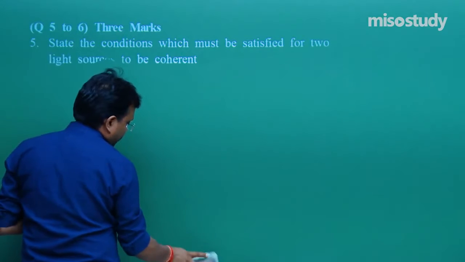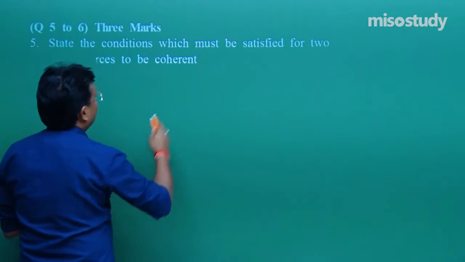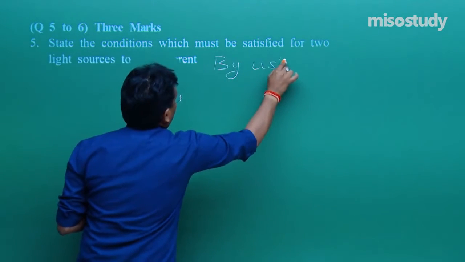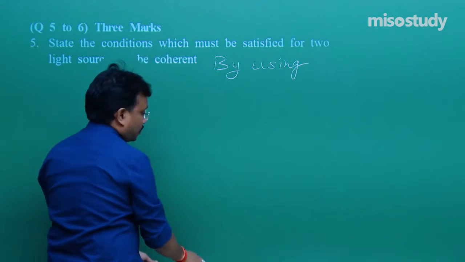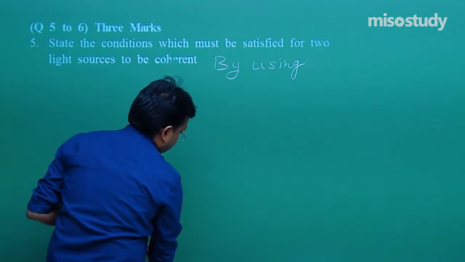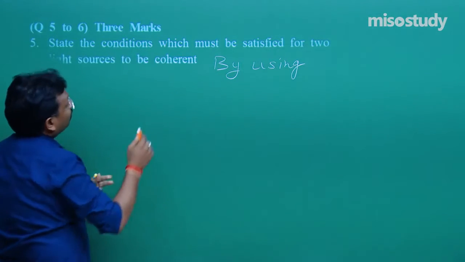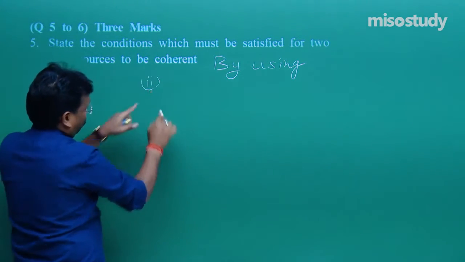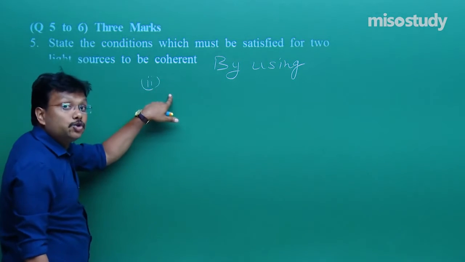Then I will say, by using, number 2, you can say, source and its virtual image.